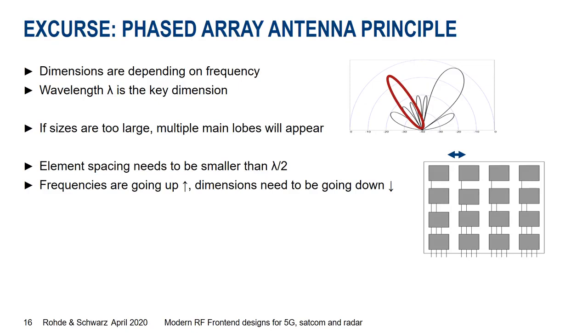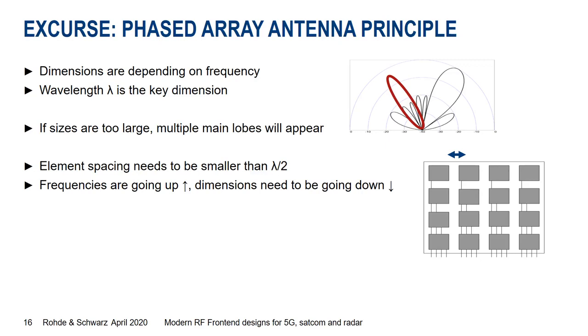The wavelength of the frequency is the key dimension and is the defining structure for the antenna elements. The element spacing, for example, needs to be smaller than half of the wavelength, because if it is larger, the beamforming will not really work in the right way and an unwanted main lobe will appear, as shown in the graph in red.